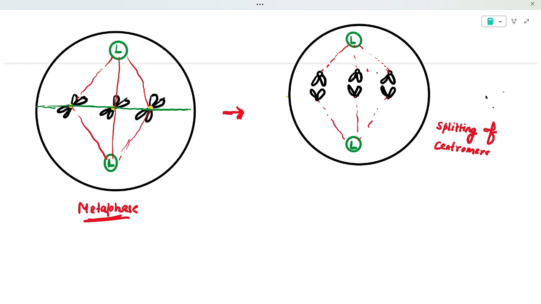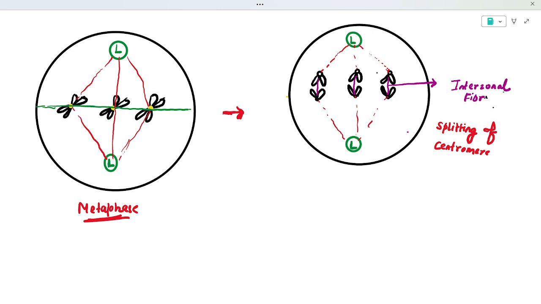Right? Here there is formation of interzonal fibers. These are the interzonal fibers.